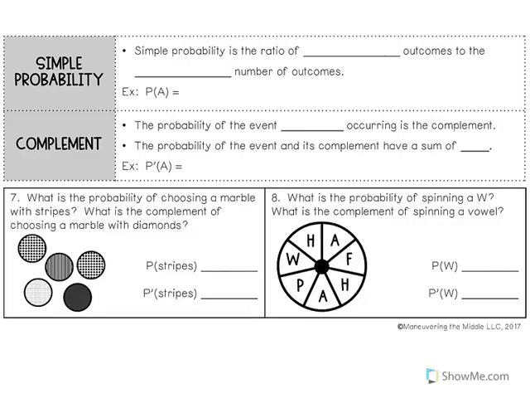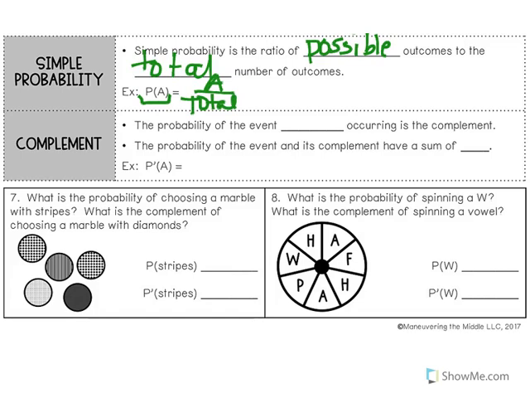Simple probability is the ratio of possible outcomes to the total number of outcomes. For example, if we write probability of A, that means we are talking about all the chances A is going to happen out of the total.